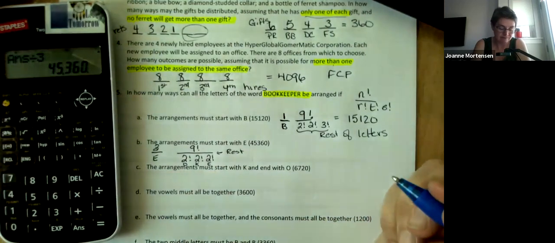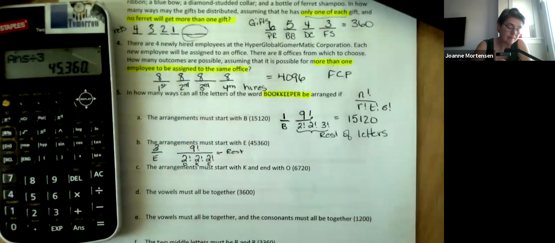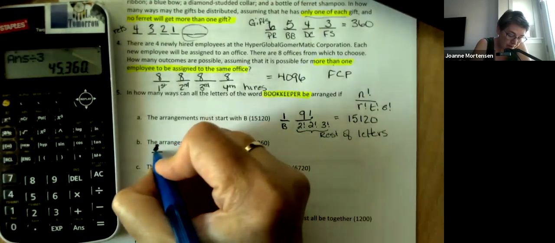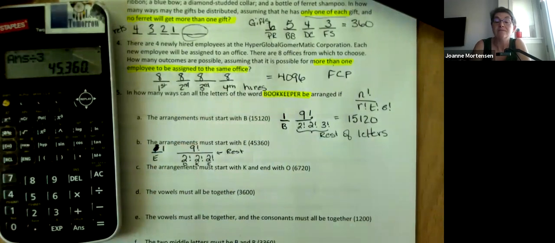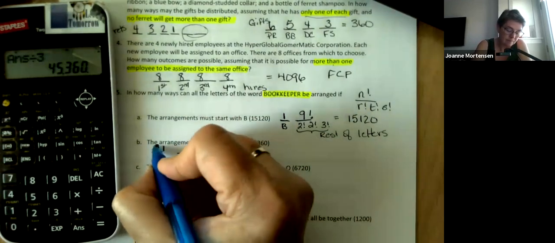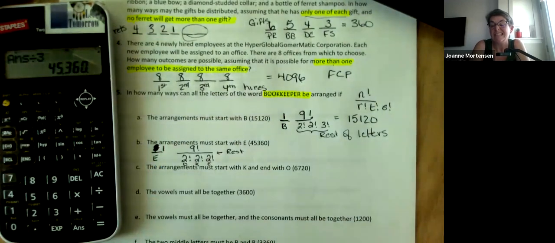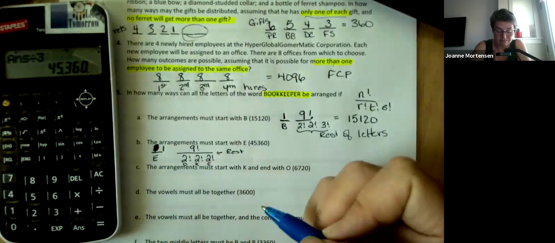Okay. Well, notice I just cheated. I divided by 3. So that needs to be a 1. So this is just taking our first letter out. And I guess because we're not really arranging it, the rest of it works.